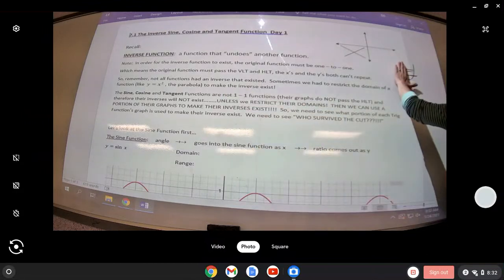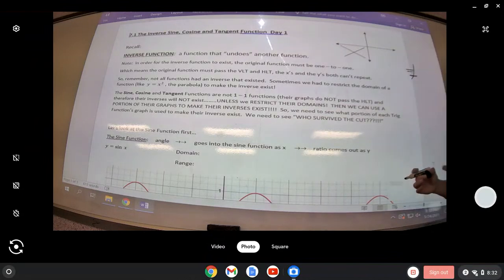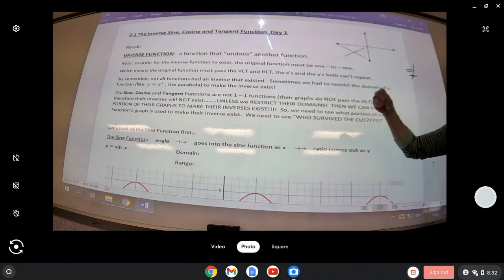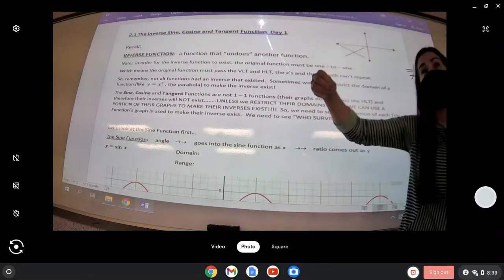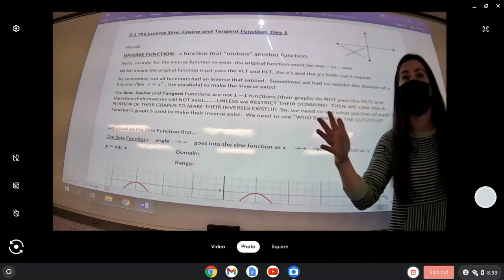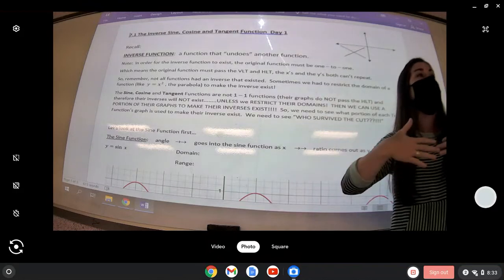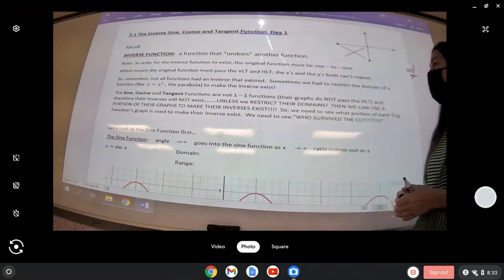So we had to restrict its domain to just half of the parabola in order to make its inverse exist, which is the square root function. All right, so remember, if we want to make an inverse exist on a function that is not 1-to-1, then you have to restrict the domain to a portion of its graph where the inverse could exist, if it's not able to exist over the entire function or graph.